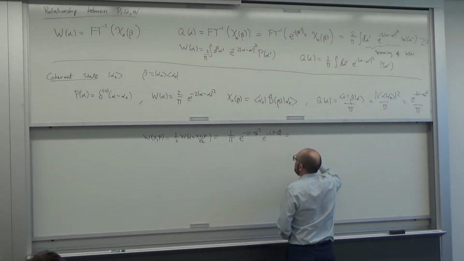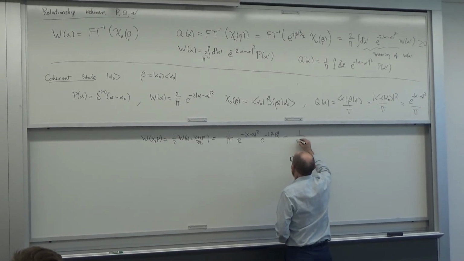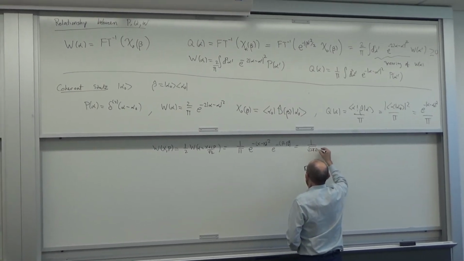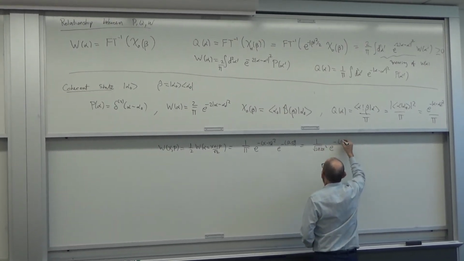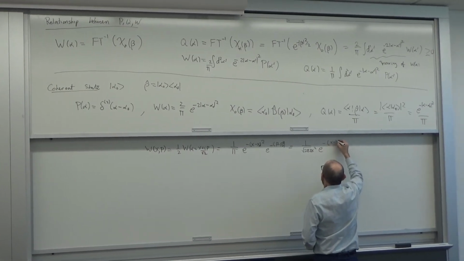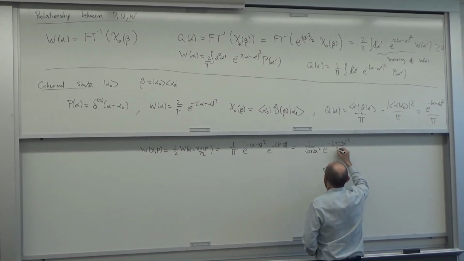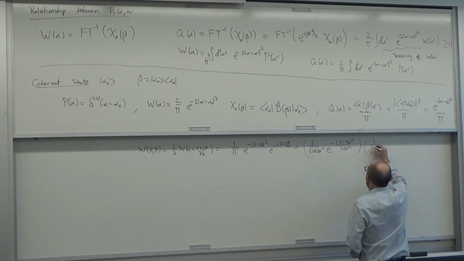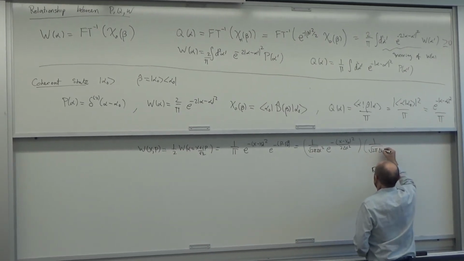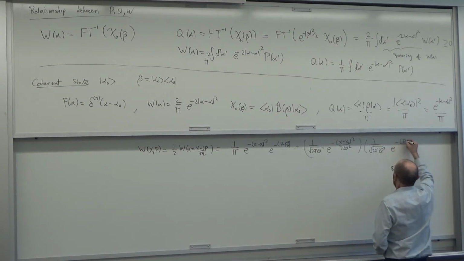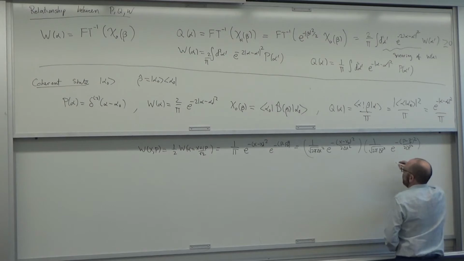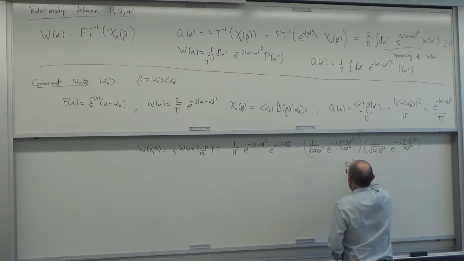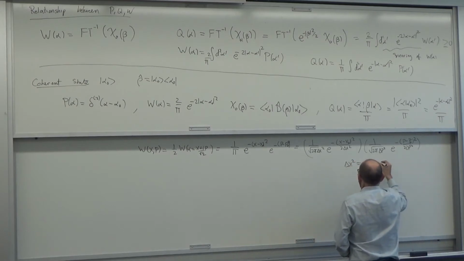which is equal to 1 over the square root of 2 pi delta x squared e to the minus (x minus x naught) over 2 delta x squared, and then a similar one for p, where delta x squared equals delta p squared is a half.